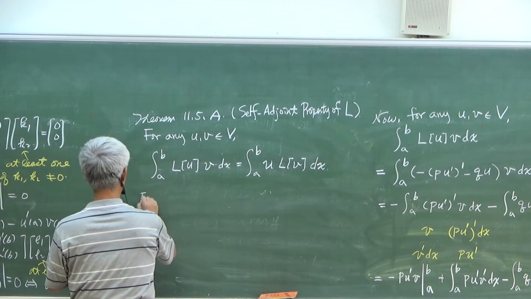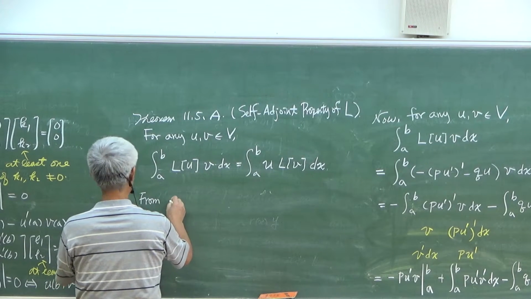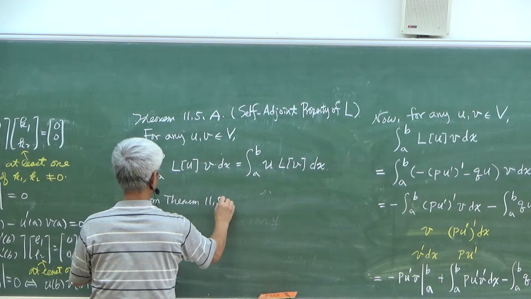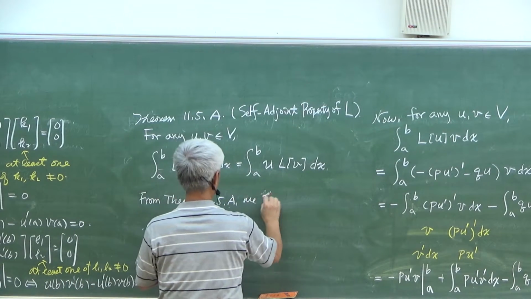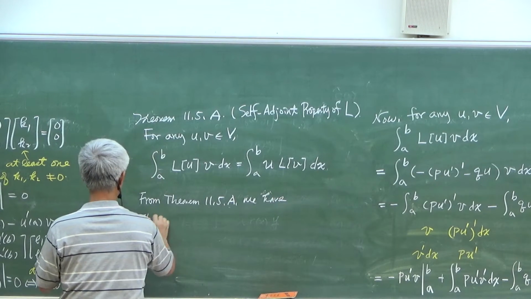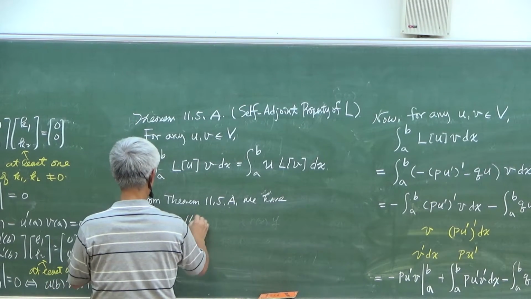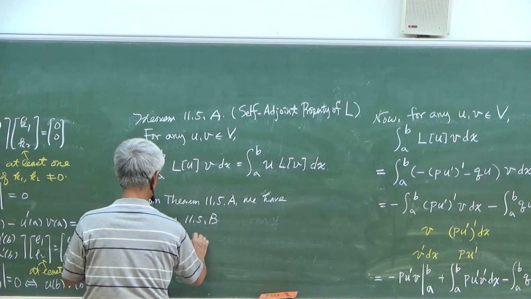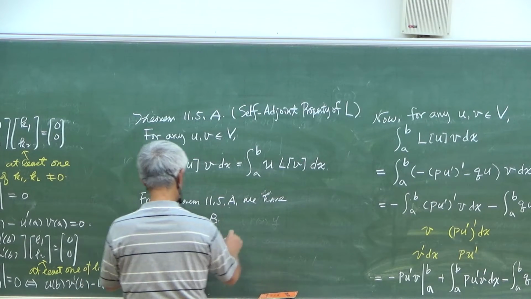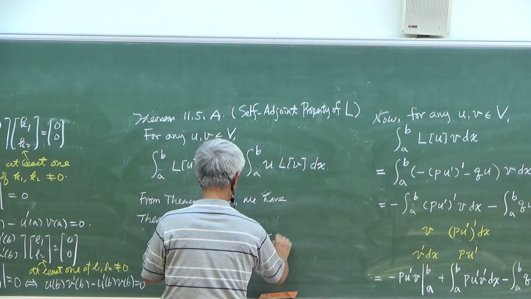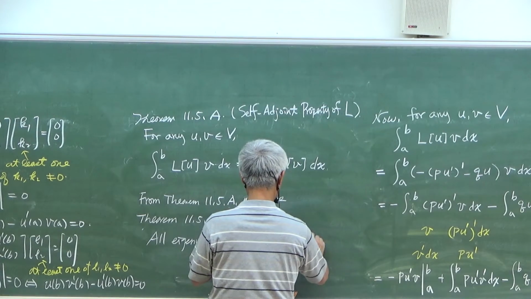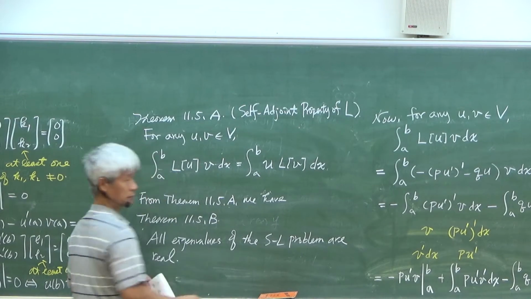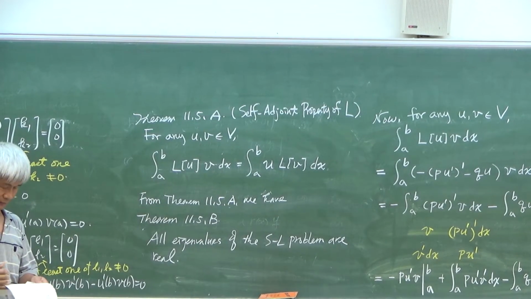So from the theorem, given 5.8, we have the following theorem. Given 5.8, all eigenvalues of the SL problem are real.